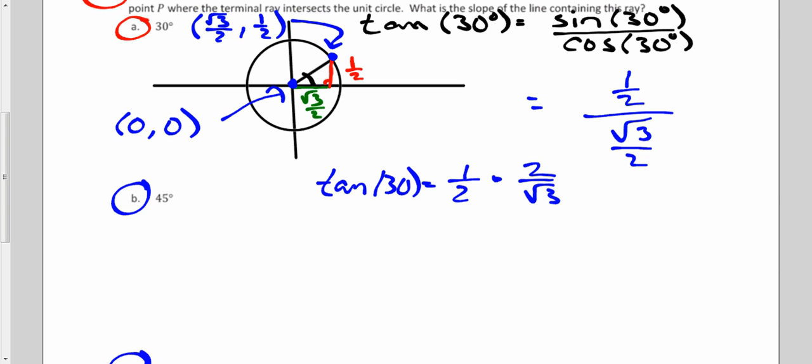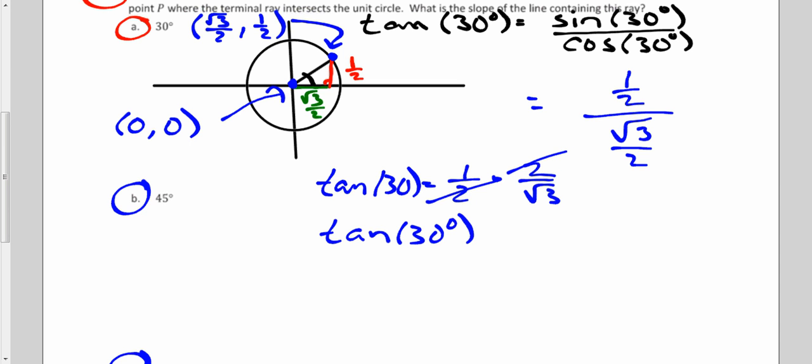Before I rationalize, let's make my math easier. What can I do? Simplify. Get rid of the 2's, right? Boom and boom.